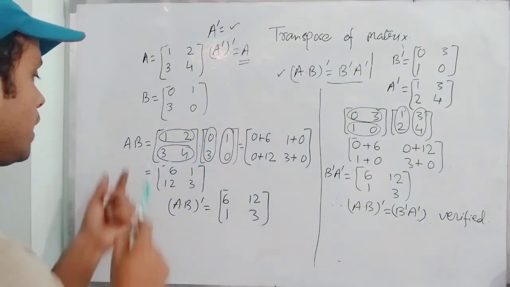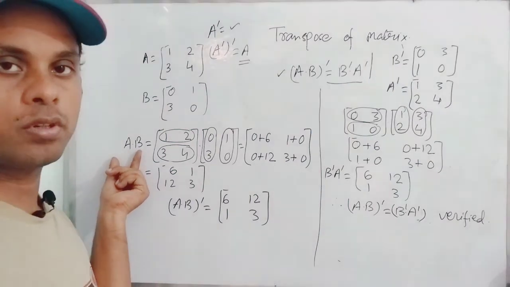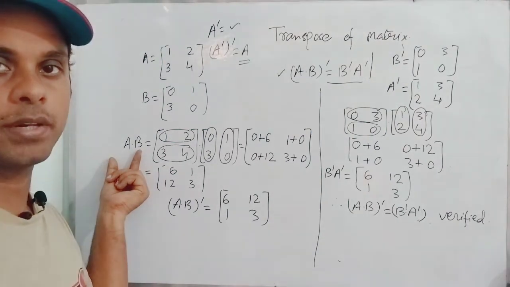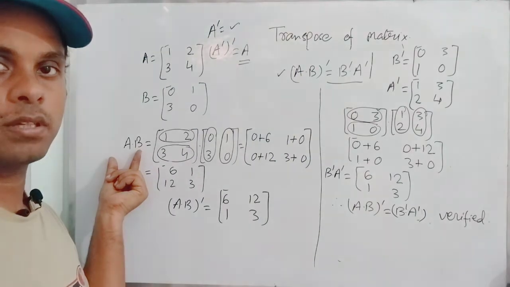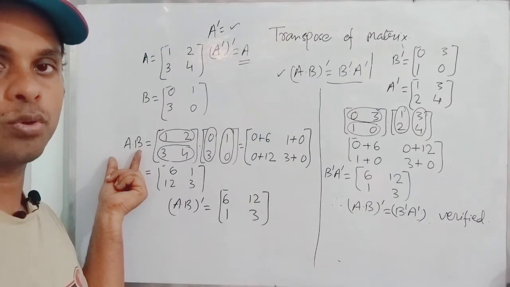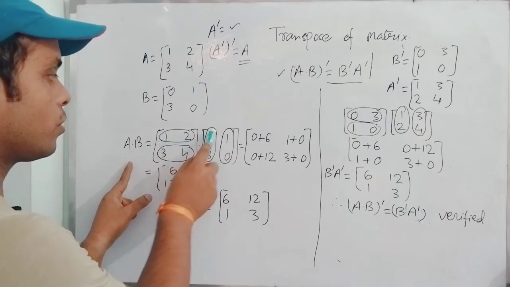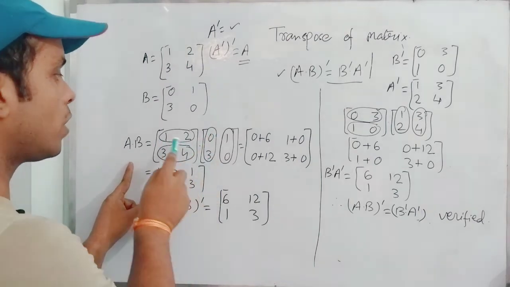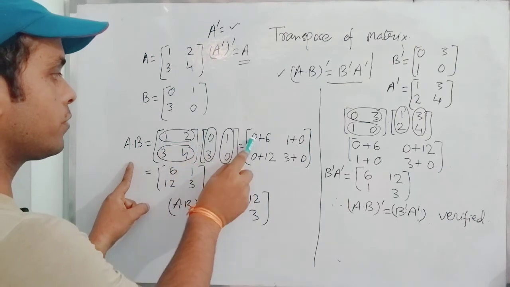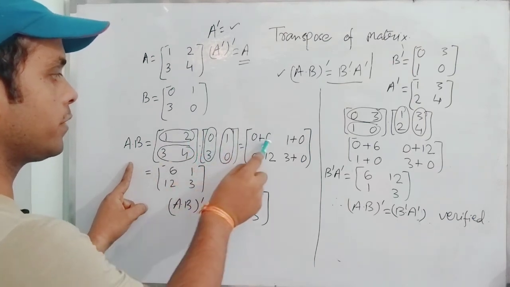So let's multiply A into B. As you know, in multiplication of two square matrices, or of any matrices, we multiply row with column. Okay, so multiply the first row with the first column, then what do you obtain? 1 into 0 is 0 and 2 into 3 is 6.